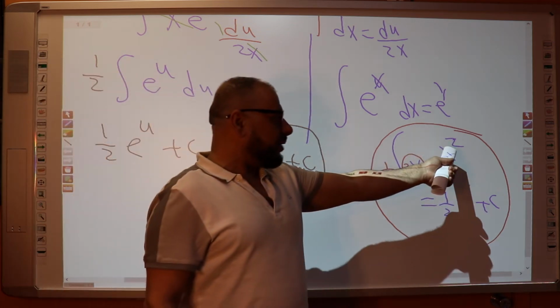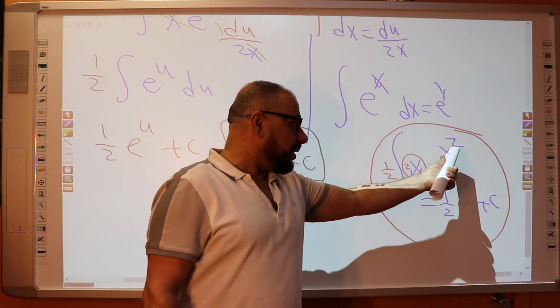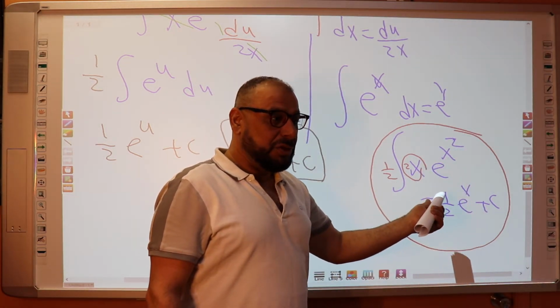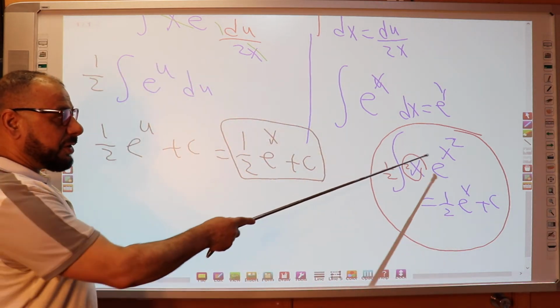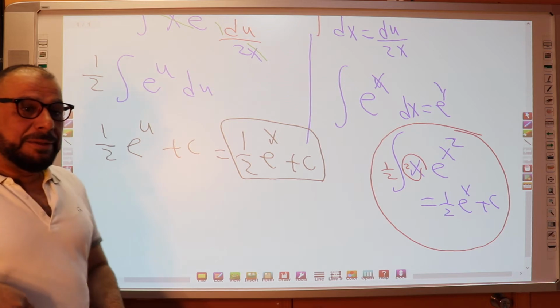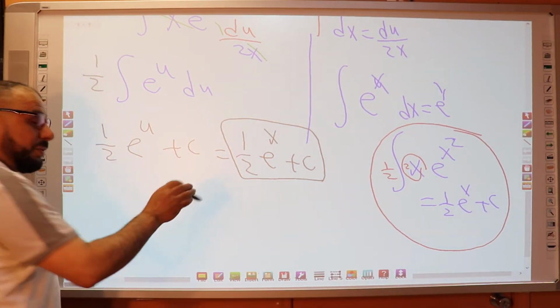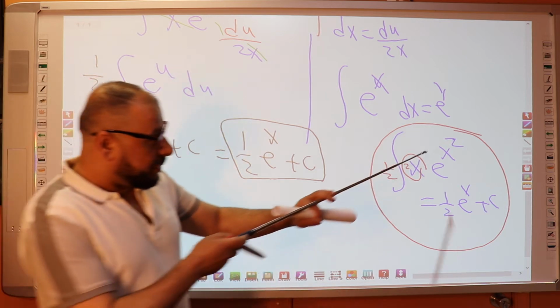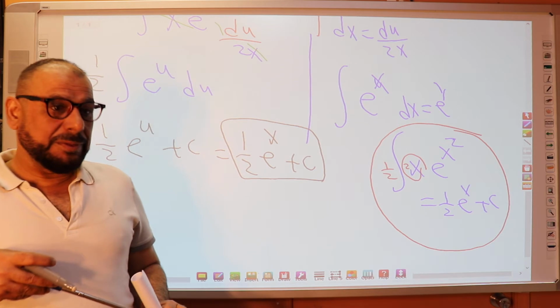The derivative of x squared is what? 2x, right? The derivative of e to the x squared. You get it? Good? One more time. Derivative of x squared is 2x, right? Good.